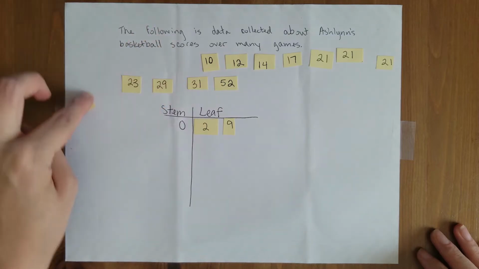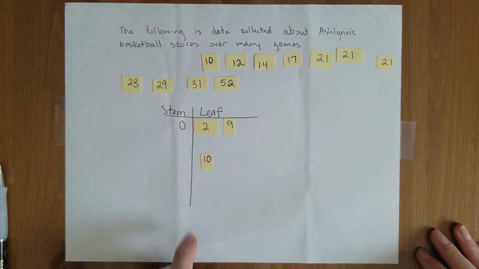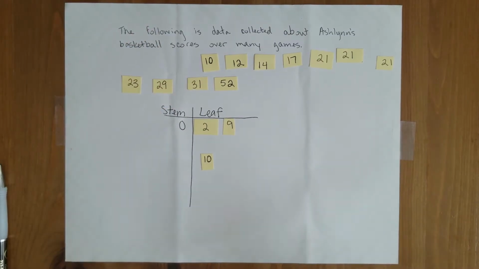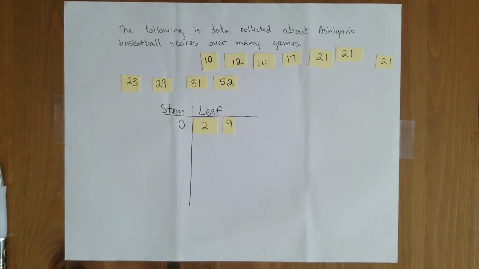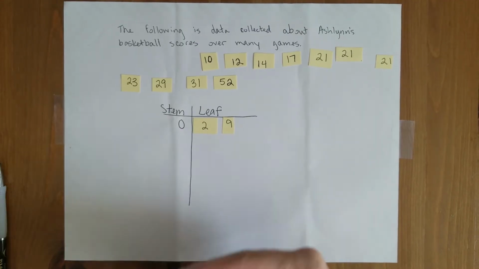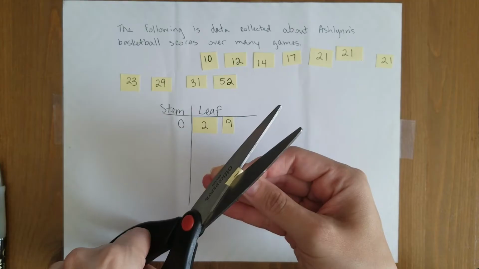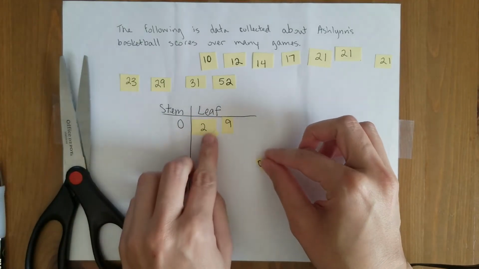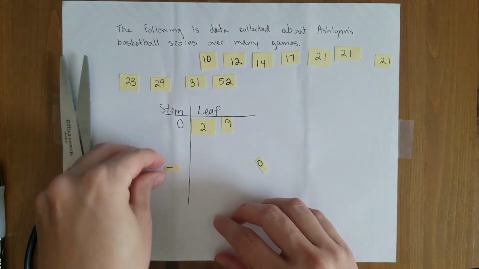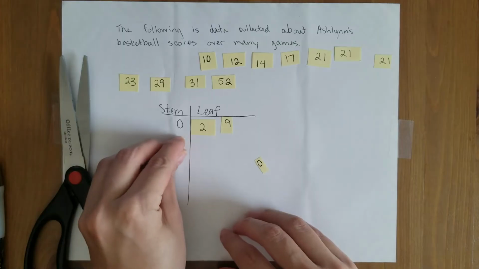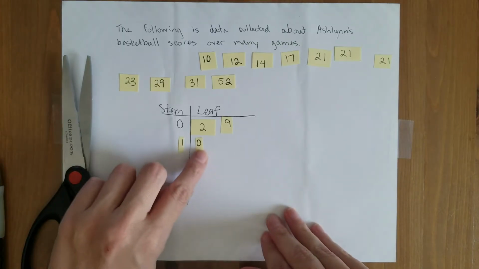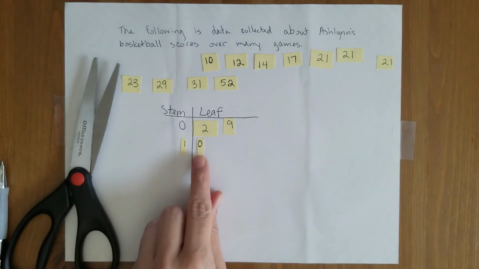Next we have 10. 10 has a 1 in the tens place, so it's going to need a new stem. It gets a stem of 1 and 0 ones. 1 ten and 0 ones make 10 points.